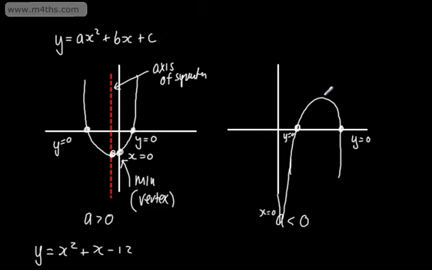This point right here we would call again a vertex, but this is a maximum. So this is the largest value the function can give, and then we would have now the axis of symmetry. The axis of symmetry will give us an equation, and it will be x is equal to some value. So positive quadratic, negative quadratic.